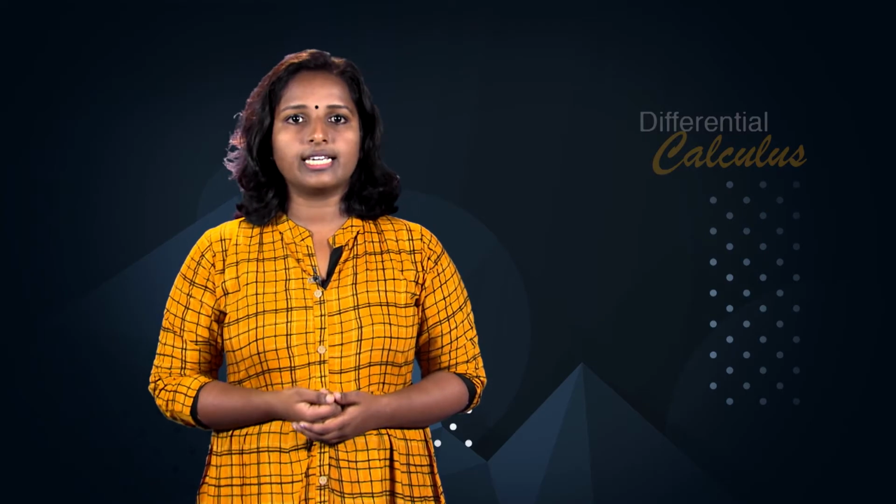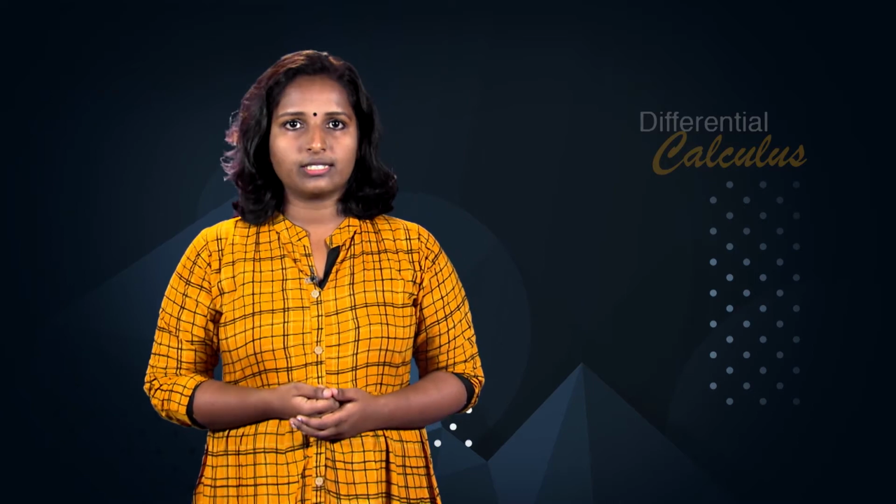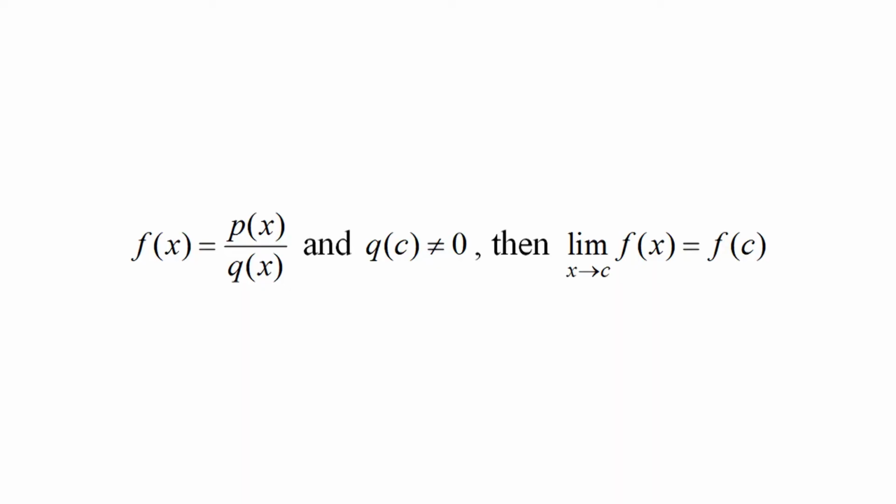That is, the limit of a rational function as x approaches c is obtained by substituting x equal to c in the function, provided the limit of the denominator is not 0. In other words, if f(x) equals p(x) upon q(x) and q(c) is not equal to 0, then the limit of f(x) as x approaches c is f(c).